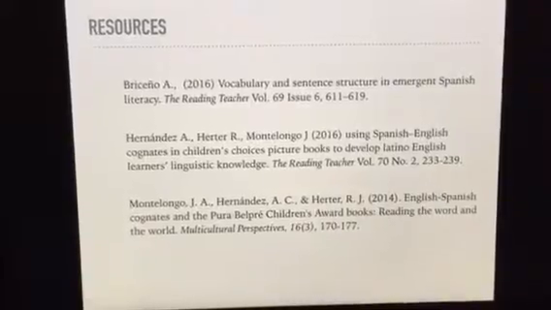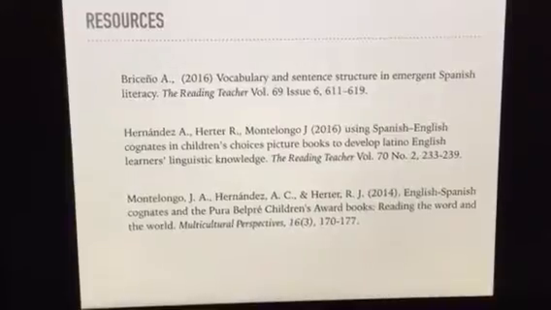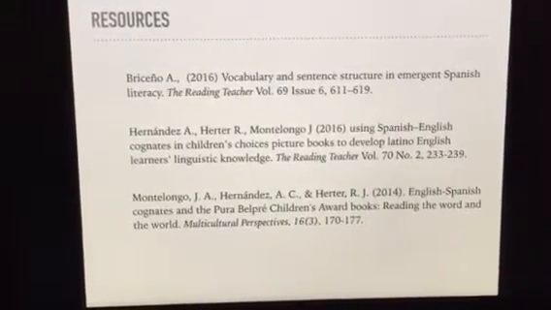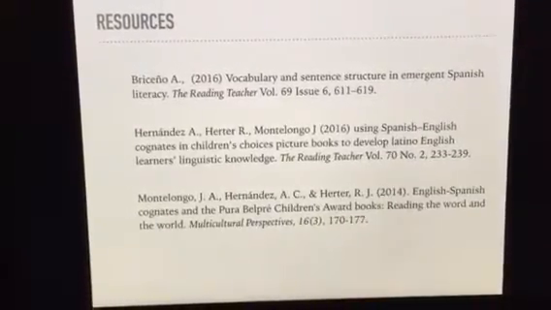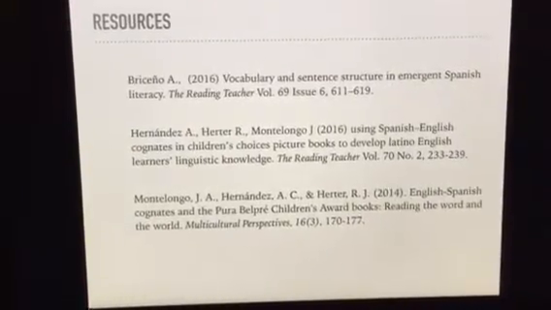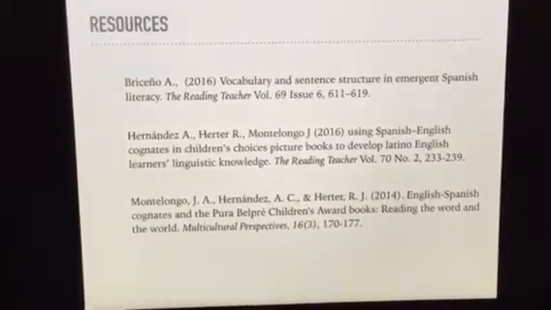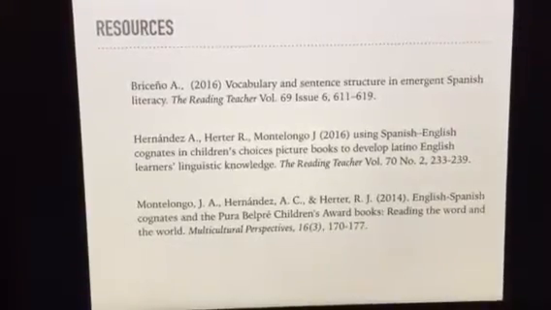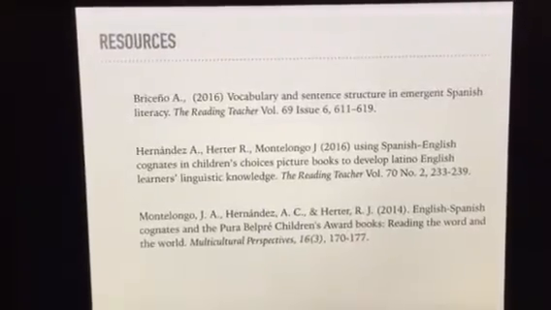But we have Alison Briceño, Vocabulary and Sentence Structure in Emergent Spanish Literature, and then Hernandez, Erter, and Montelongo have written several different articles about using Spanish-English cognates, and they give you lists and also a website that you can go to that has different lists of Spanish-English positive cognates, or words that correlate to one another in meaning, that you can use in your lessons.